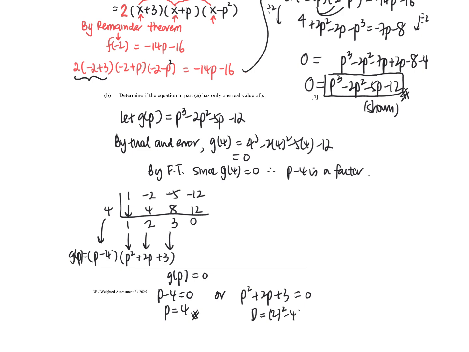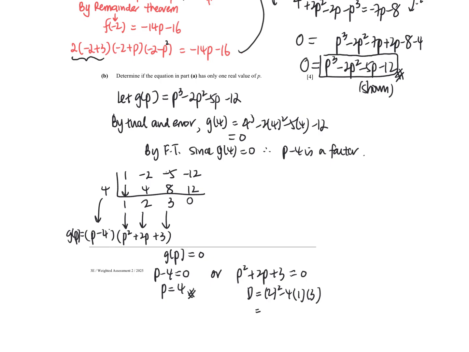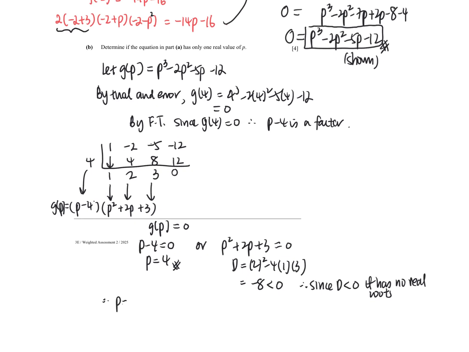So b square minus 4ac is a negative value. So since D is negative, it has no real roots. Because this part has no real roots and you have one root here, therefore p equals 4 is the only real solution for G of p.